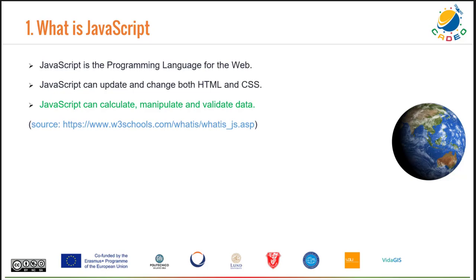Common validation tasks include checking if required fields are filled, validating numeric input range, and verifying email formats. On the server side, validation is performed by the web server after receiving input data, to ensure the data's consistency and security.